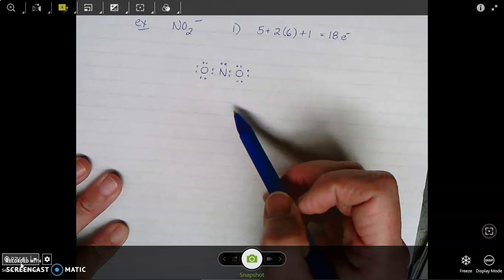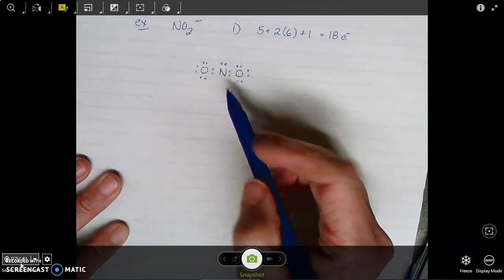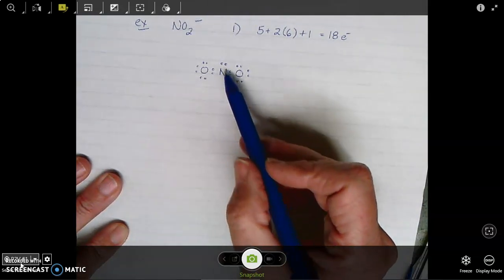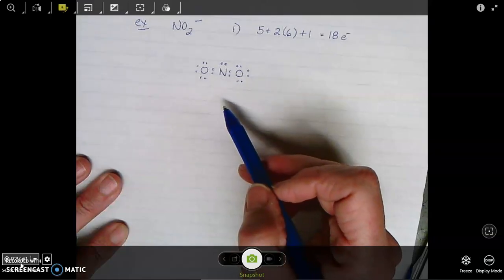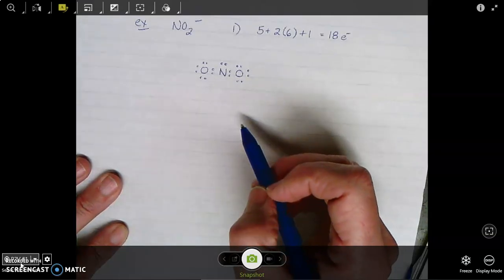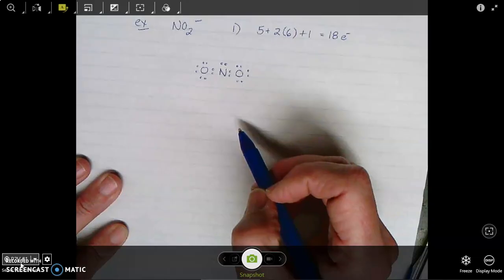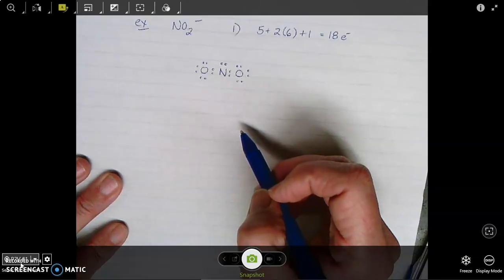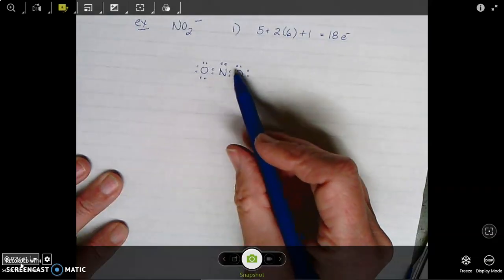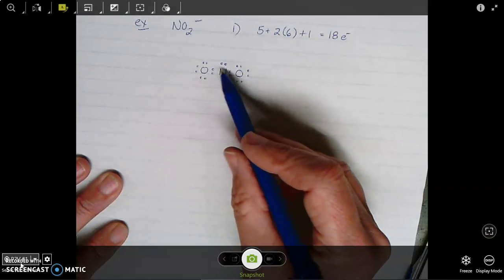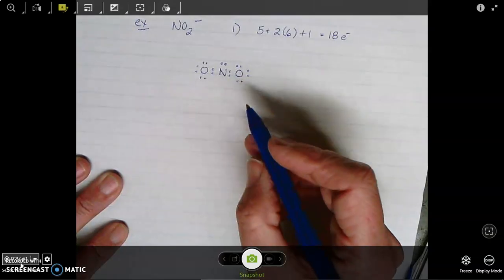This was your example of step 5a, where I put the extra electrons on the central atom. 5b says if nitrogen has an incomplete octet, then I have to complete it by contributing pairs of electrons from the surrounding atoms in order to make double bonds. So I think you can see that that's going to be necessary here as well. I've only got 6 electrons around my nitrogen atom.